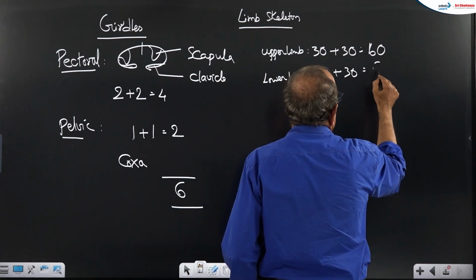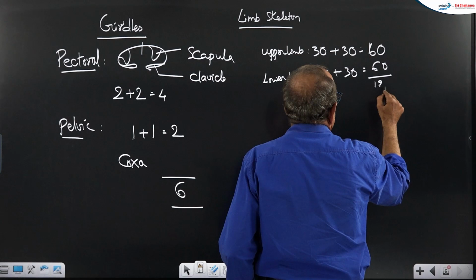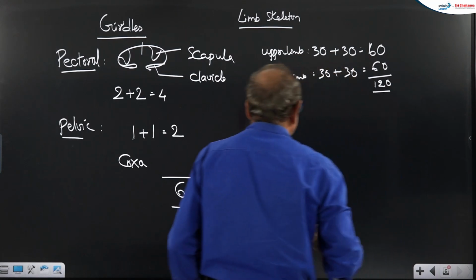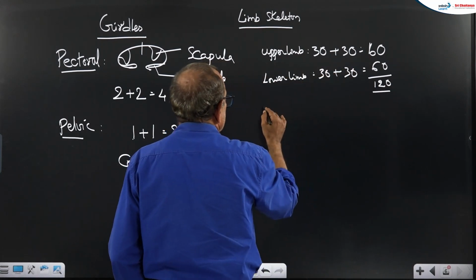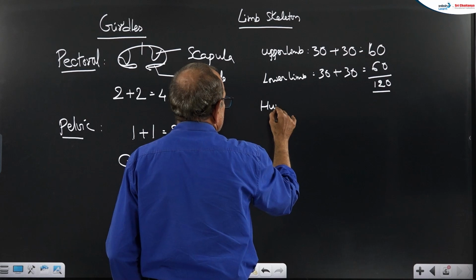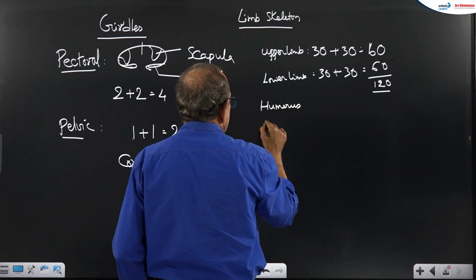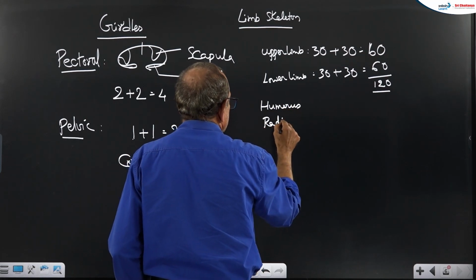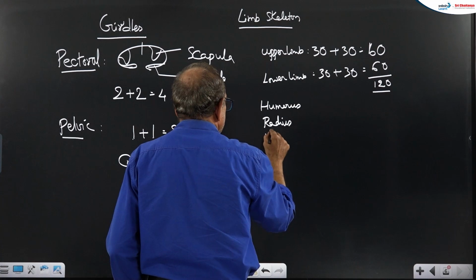Altogether 120 bones. The upper limb bones include humerus, radius, ulna.